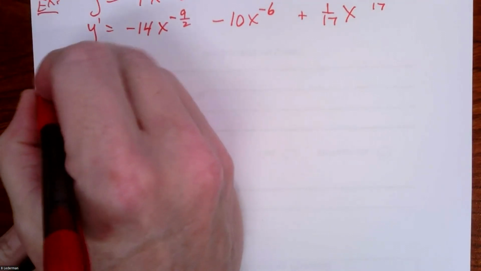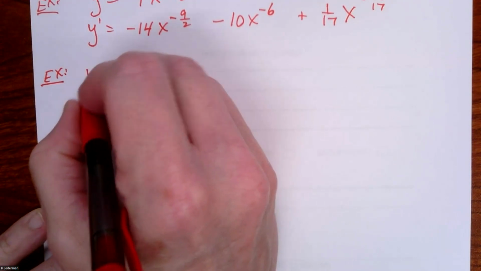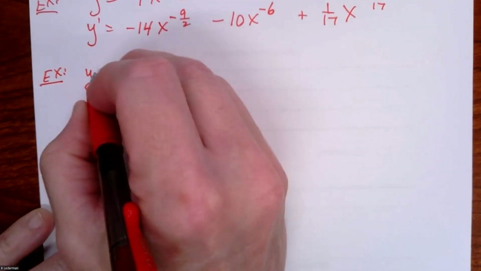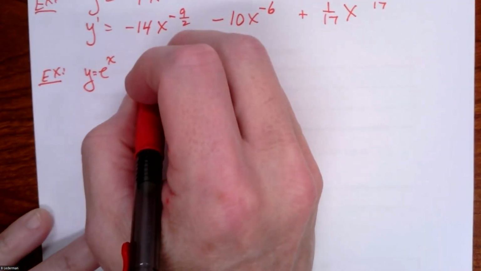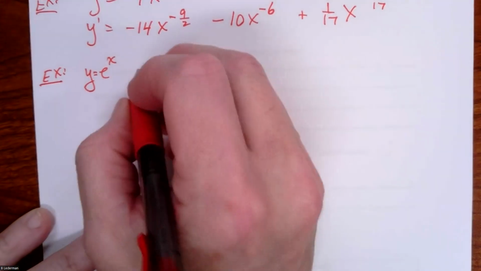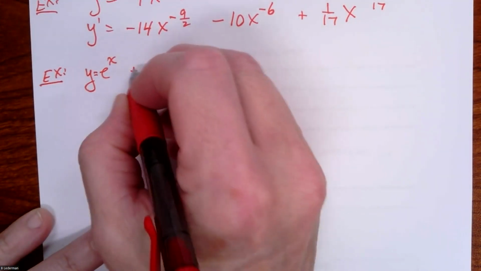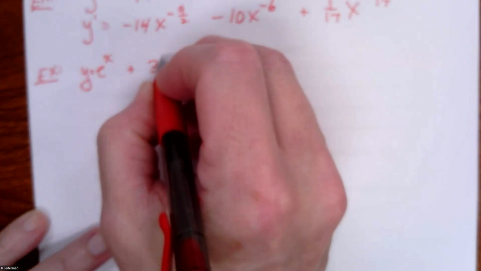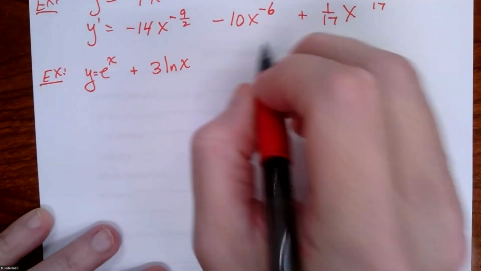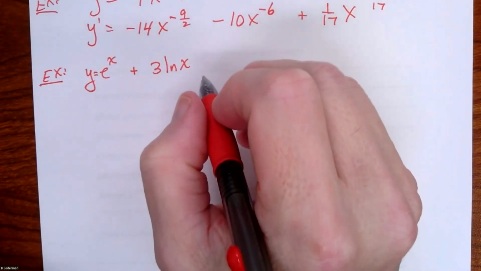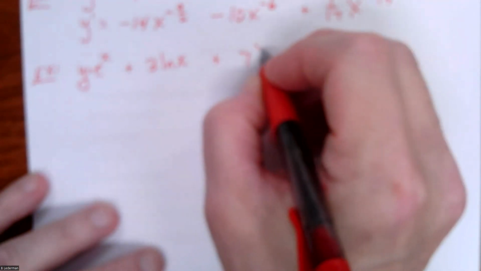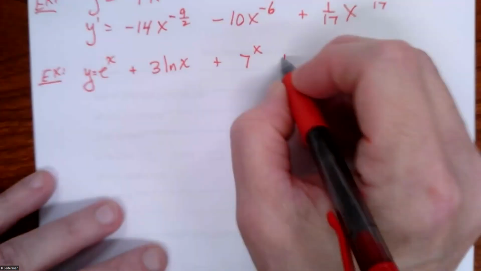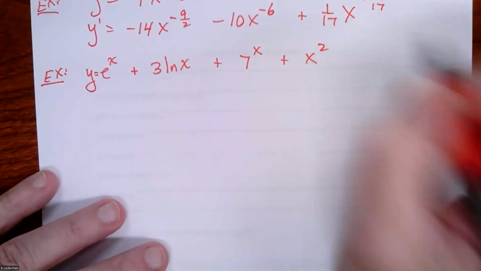If y equals e to the x power plus 3 ln x plus 7 to the x power plus x squared. Why not?